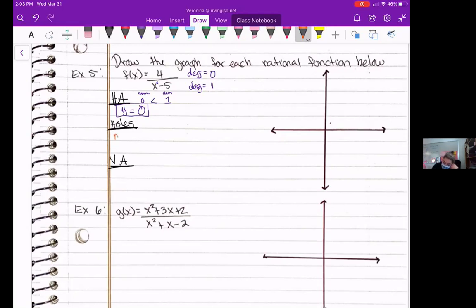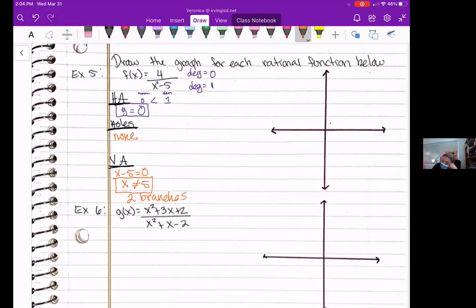So that means that we don't have any. There are no holes, none. For your vertical asymptote, we're going to grab our denominator and set it equal to 0. So x cannot equal positive 5. So we have a vertical asymptote at x equals 5, which means we're going to have 2 branches. Because I only have one vertical asymptote, I just add one more, so I have 2 branches. I know that for sure.